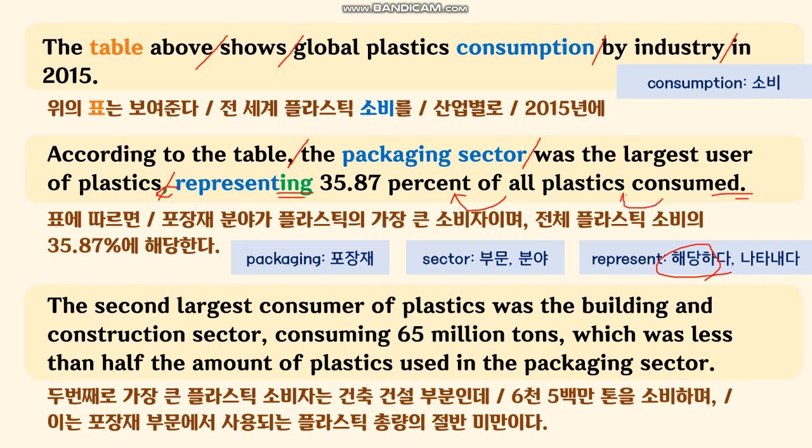The second largest consumer of plastics, 두 번째로 가장 큰 플라스틱 소비자는 was the building and construction sector. 건설, 건축 분야인데요. 역시 또 컴마 ing 나왔어요. Consuming 65 million tons. million이 100만인 거죠. 그래서 6,500만 톤을 소비를 하고, 또 컴마 위치 나왔네. 그런데 그것은 was less than half the amount of plastics used in the packaging sector. 역시 뒷덩어리부터 갈게요.